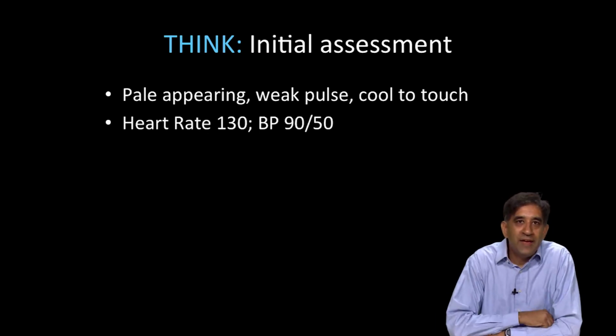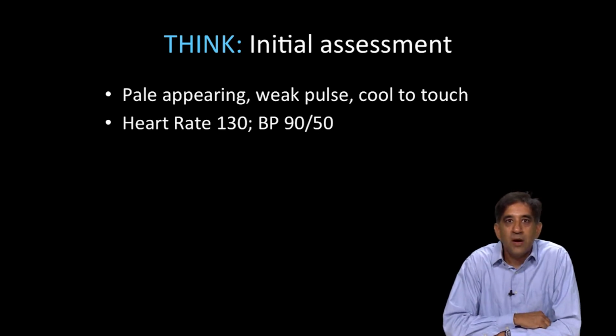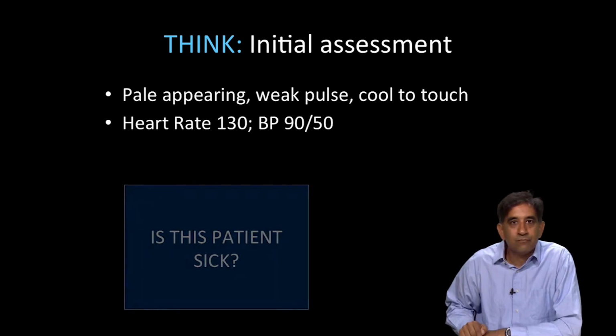So again, we're going to think as part of our initial assessment as we sum up what's wrong with this patient. She's come in with left lower quadrant pain and dizziness, and she's pale appearing. She has a weak pulse, and she's cool to the touch. And equally concerning, she has a rapid heart rate at 130, and her blood pressure is low at 90/50.